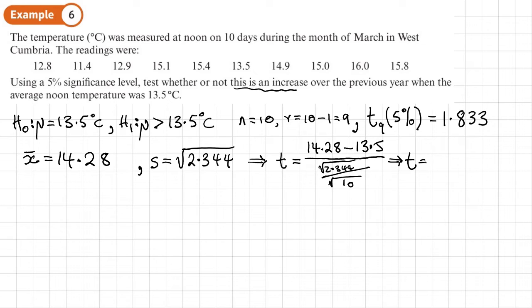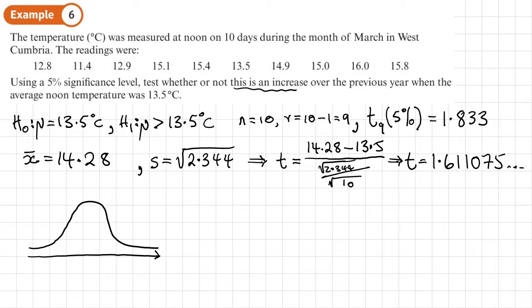And that gives me a value of 1.611075, and so on. So now I'm going to draw my diagram just to make sure I'm absolutely sure whether this is in the critical region or not. So this t distribution is telling me that the critical value is 1.833.